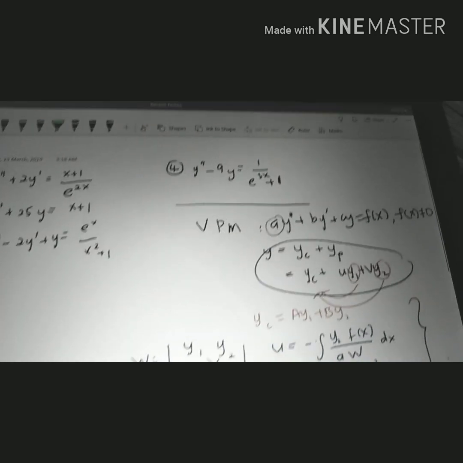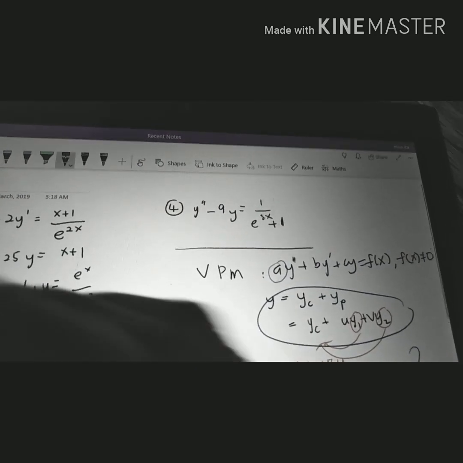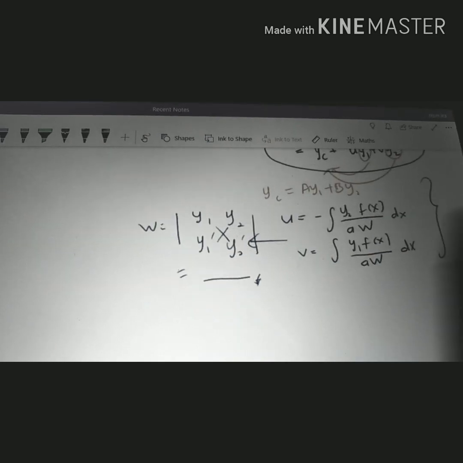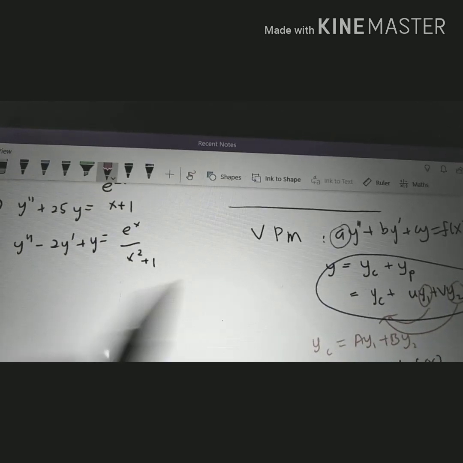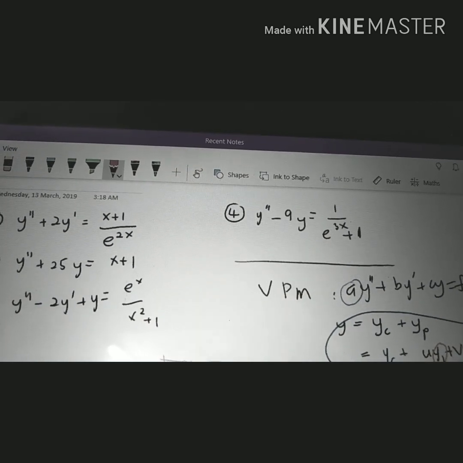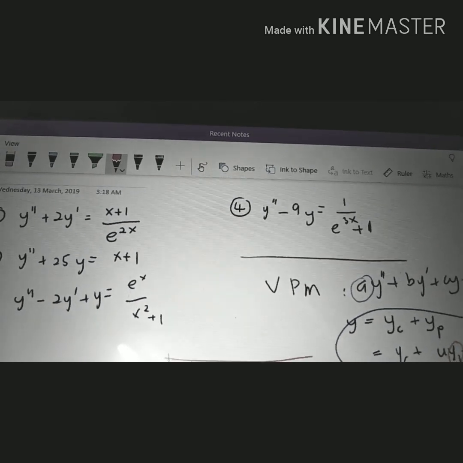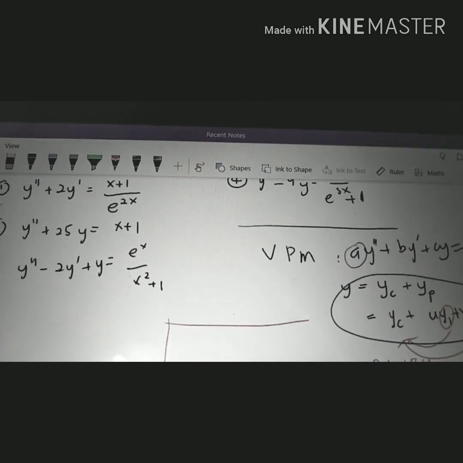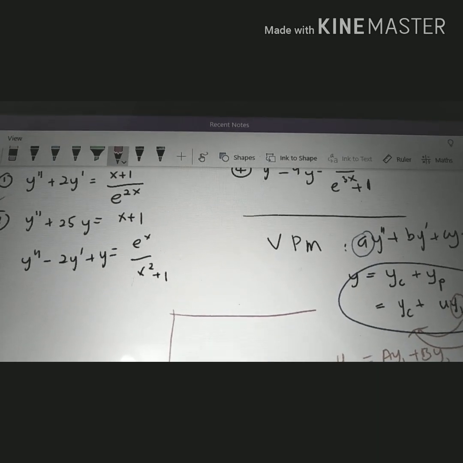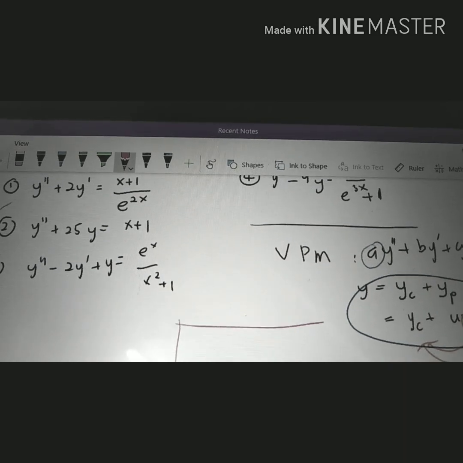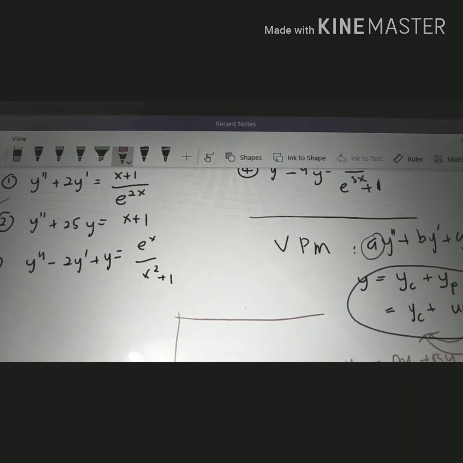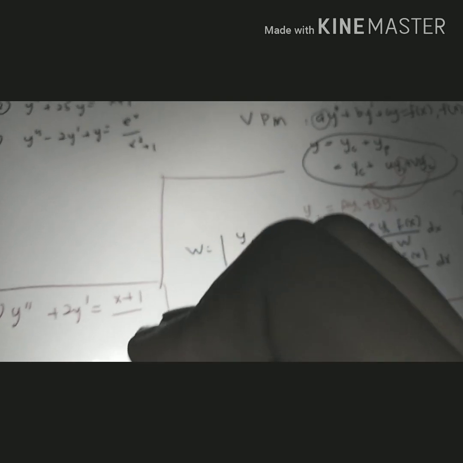And now we want to discuss the first example. For the first question, we have y double prime plus 2y prime equals (x plus 1) e to the x.